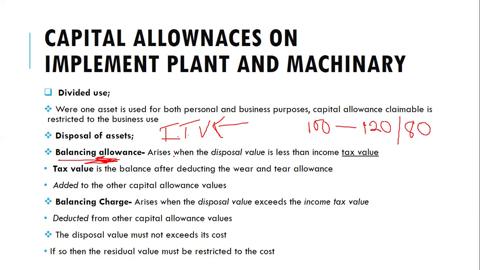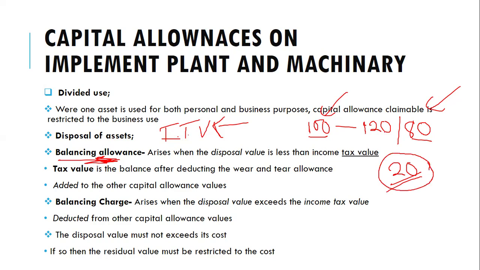For us to get a balancing allowance, the disposal proceeds have to be lower than the income tax value. So we say 100 minus 80, it's going to give us 20. And that's 20 because the disposal proceeds are less than the income tax value. It simply means we have a balancing allowance.